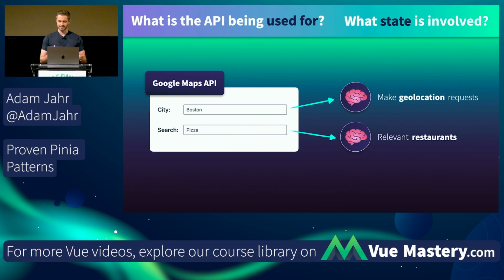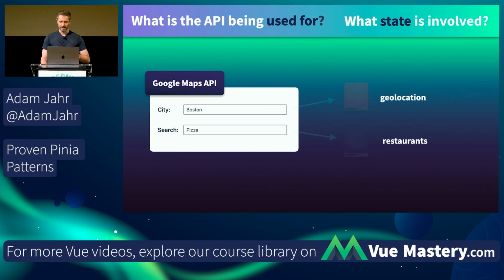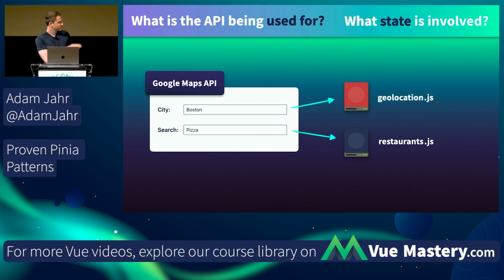Yes, those restaurants are nearby, so there's location involved, but that's not their primary focus like the first search input. Based on that reasoning, it sounds like we could make two separate stores, one for geolocation and one for restaurants, each with their own shared logical concerns.